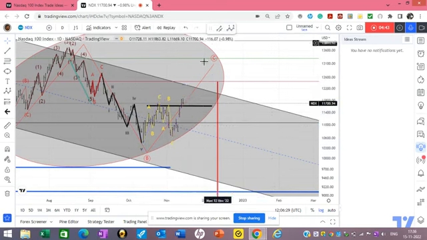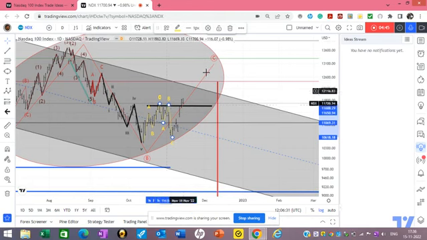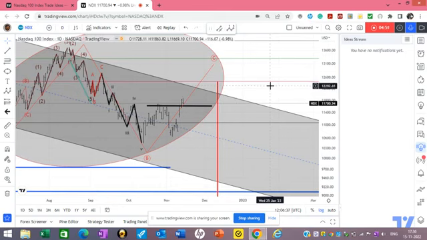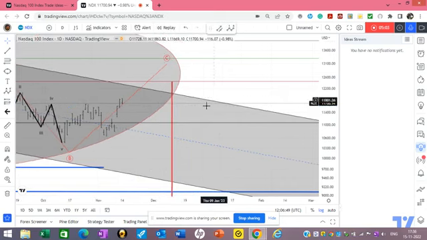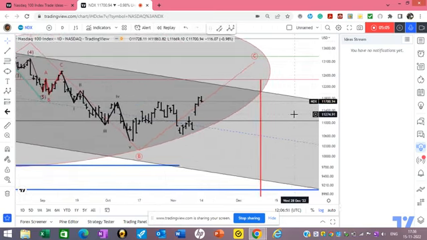The second view is, what I have noticed in one of the indexes, that after a triangle there is a wave up move. So I'll show you. After one triangle, there's a move up.